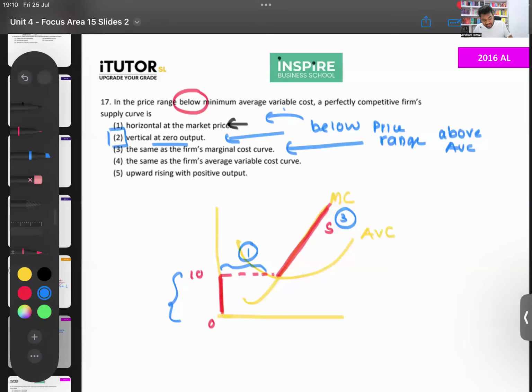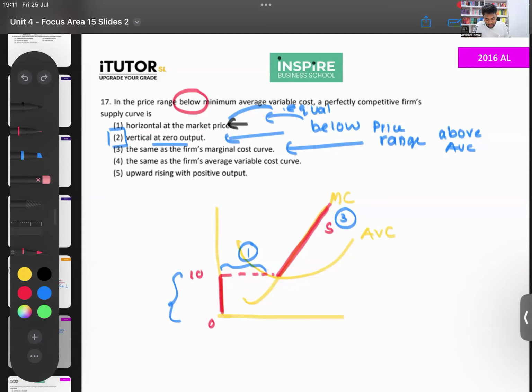In the price range equal to ABC, that is answer number 1. So did I draw the arrows correctly? Equal, it's answer number 1. Below is answer number 2. And then same as the marginal cost curve, that is if this is above ABC.